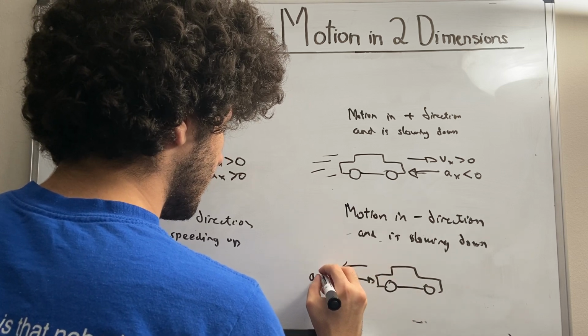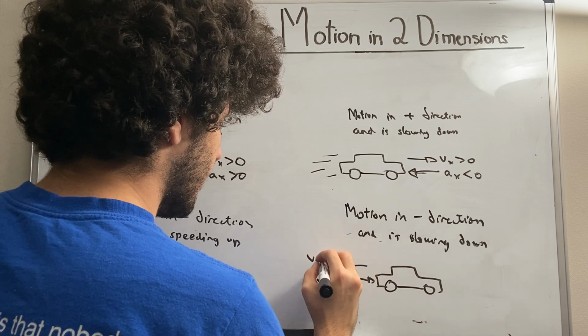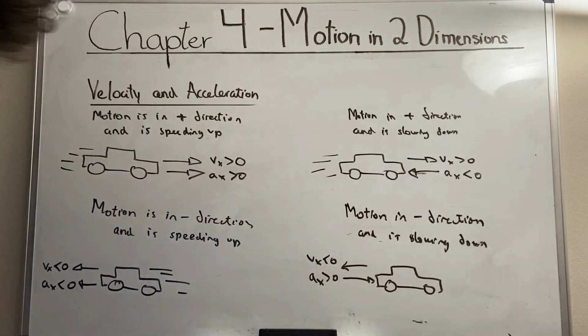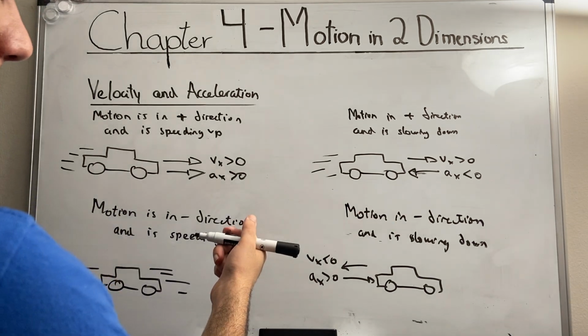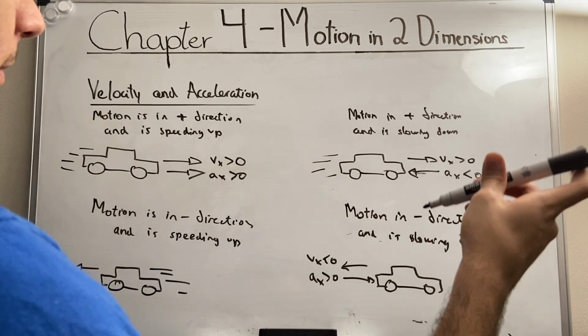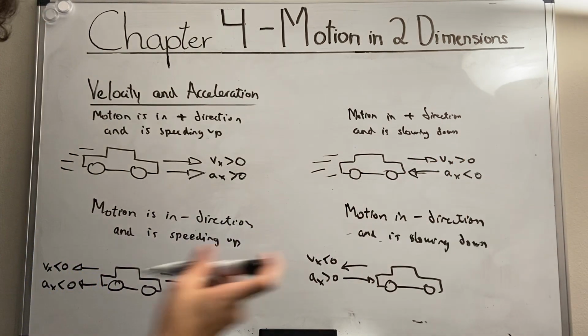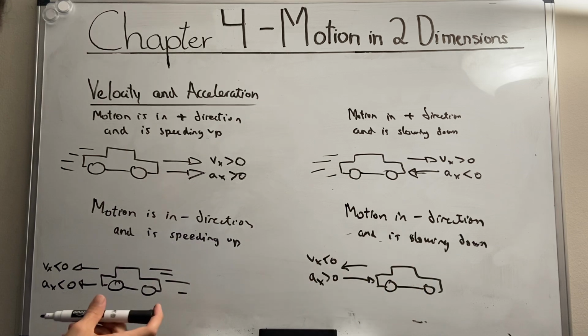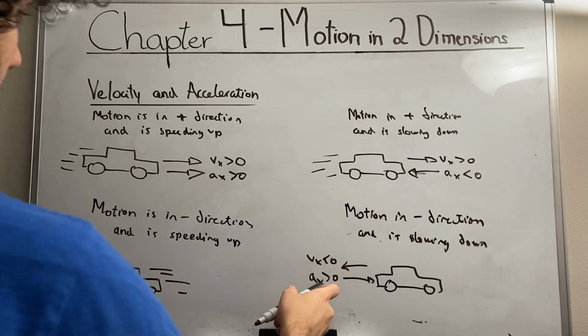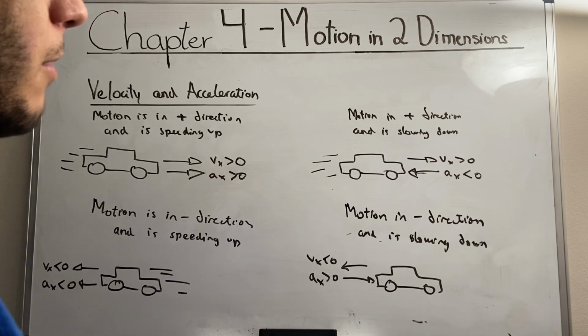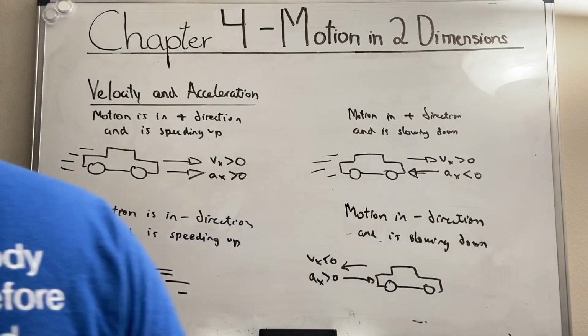The acceleration is going to be positive, the velocity is going to be negative. They're fighting against each other, therefore the car is going to be slowing down. The already negative motion, the velocity, is going to be reduced as a result of the acceleration being positive, pointing in the opposite direction.